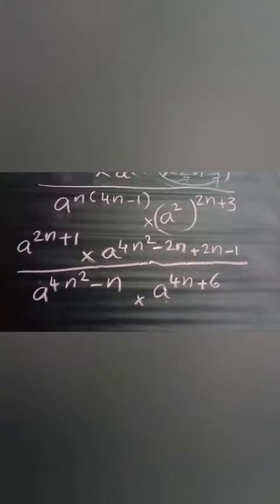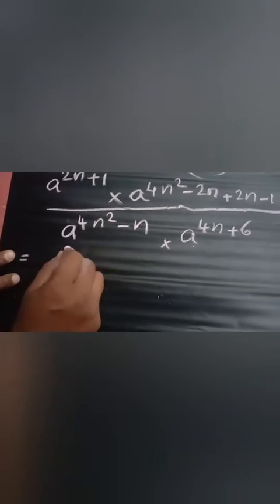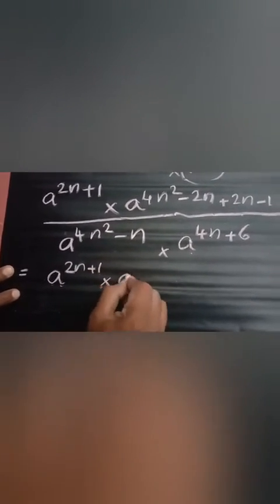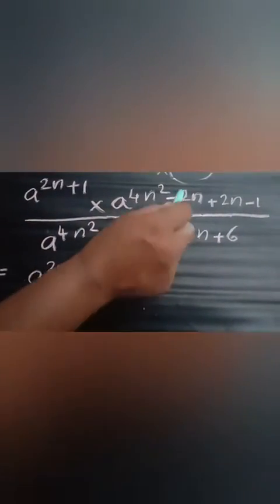Clear? Okay, any doubt? Next step, which is equal to a raised to 2n plus 1 into a raised to, here 4n square is there, minus 2n plus 2n get cancelled.